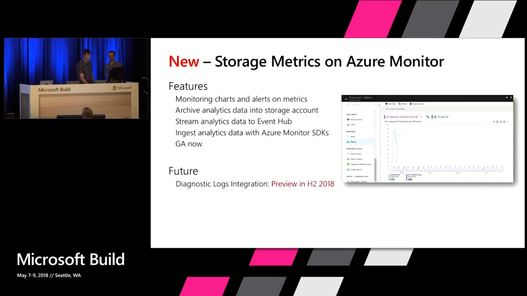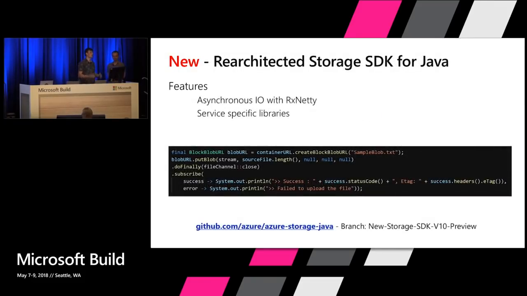Right there, we just showed you the Azure metrics. And I'll let Serjan talk about the new re-architected storage SDK for Java. Thank you, Michael. That was really impressive, 125 gigabits per second. That was huge. We used the new re-architected storage Java SDK in that container.